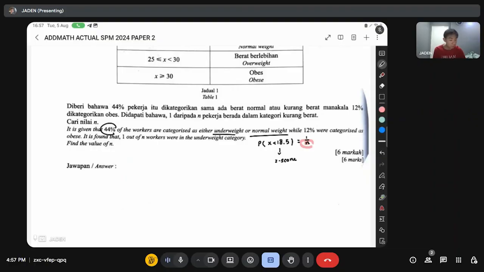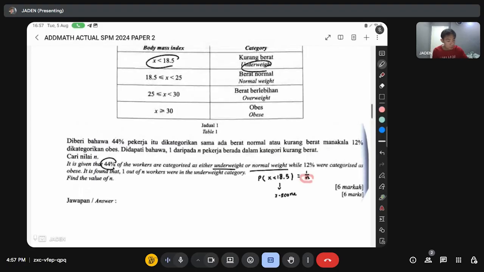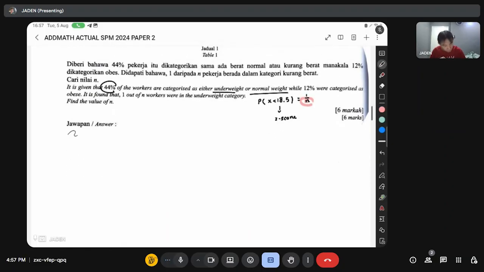From this statement alone, we can form an equation, underweight and normal weight. We can create an equation whereby P(X less than 25) is equal to 0.44.